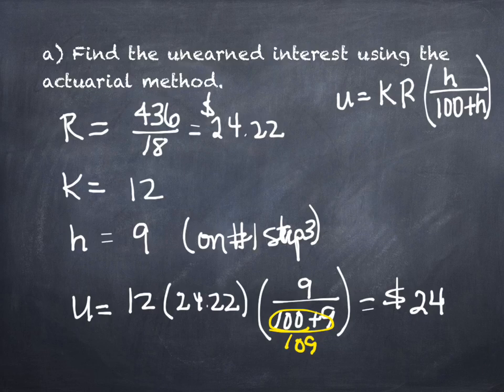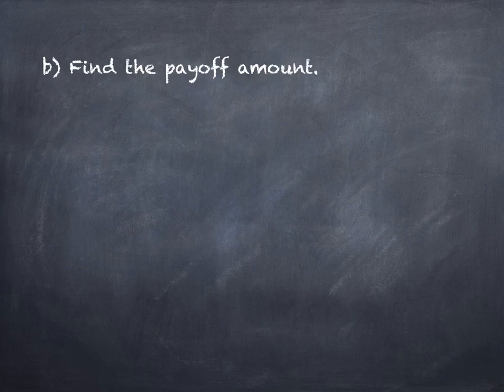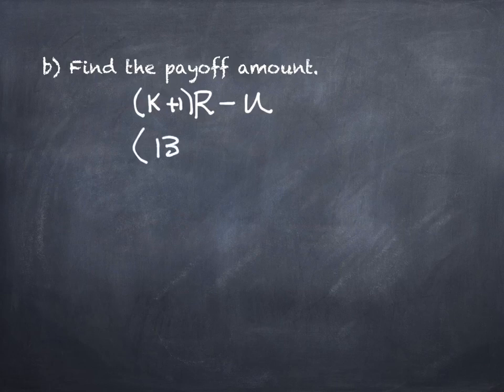Okay. So, taking a look then, if we want to find the actual payoff amount, the payoff amount formula was K plus 1 times R minus U, or write the R in front if you prefer. What was K? 12, so K plus 1 would be 13.